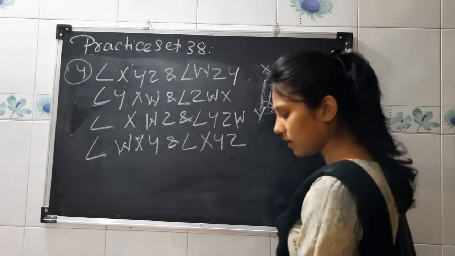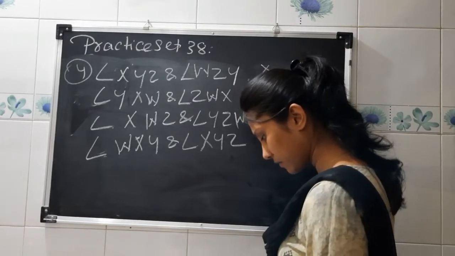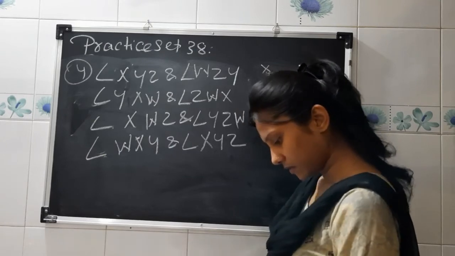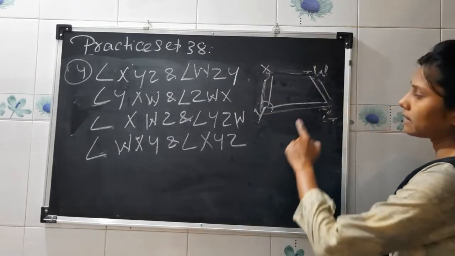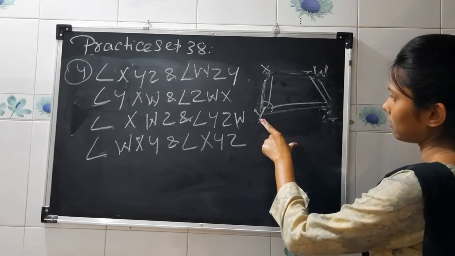Adjacent angles means what? We have seen adjacent angles means the angles having the same arm.